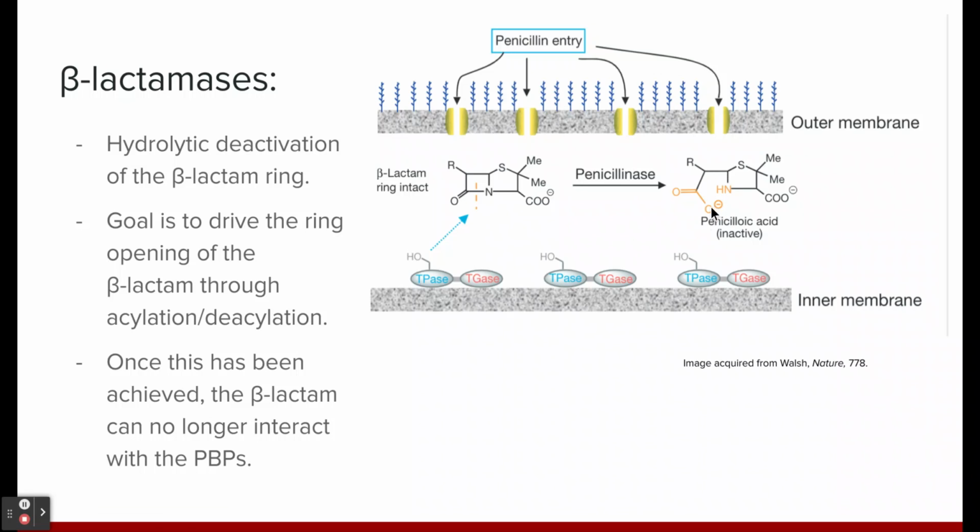Through acylation and deacylation, if we can open this ring, it renders the penicillin inactive, so it can no longer inhibit the transpeptidase enzyme. Once this is achieved, the cross-linking is going to carry out and the bacteria will be able to survive.